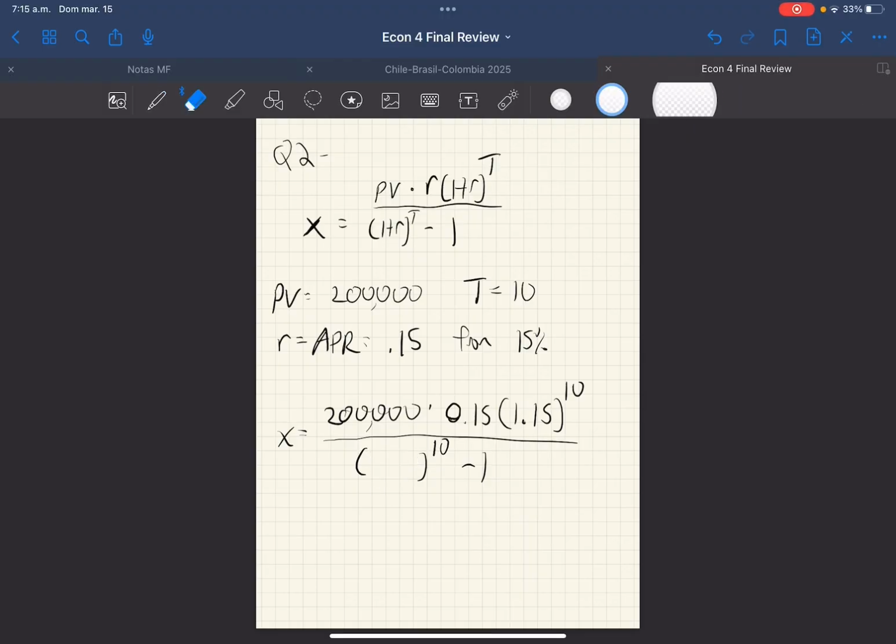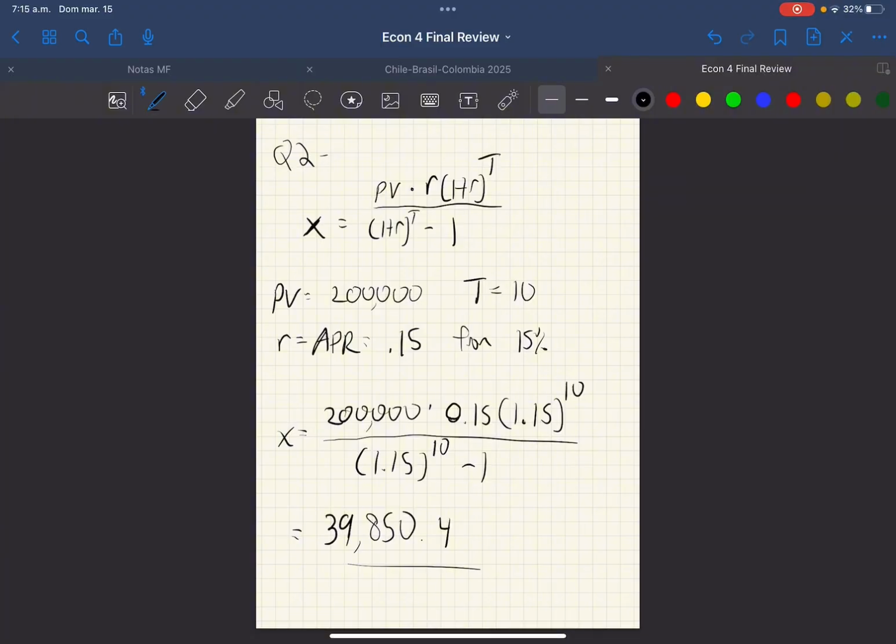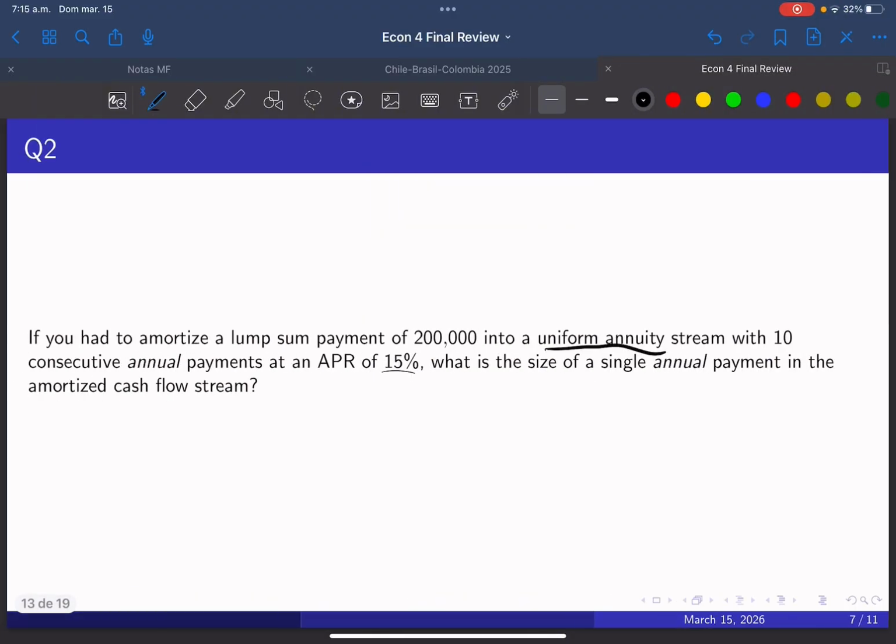Remember this is 1.15. And so then we would get that the payments per period are equal to 39,850.